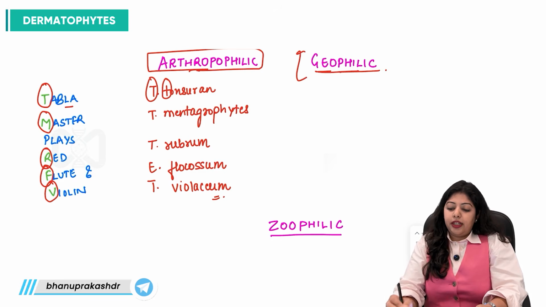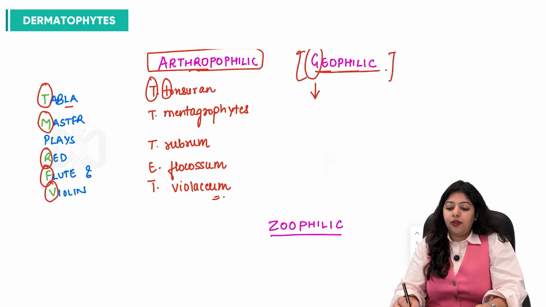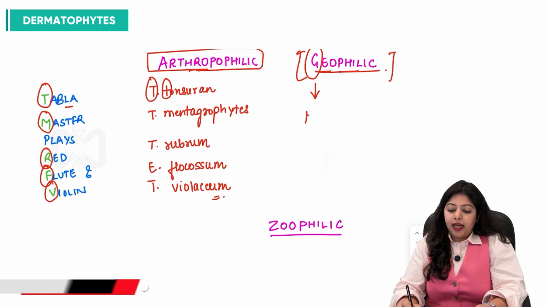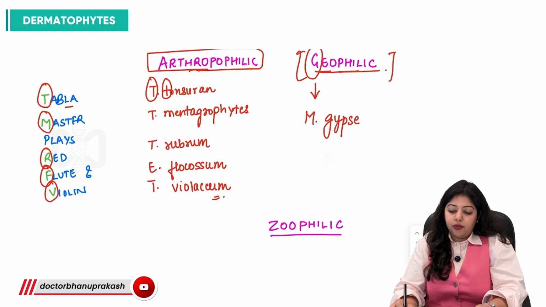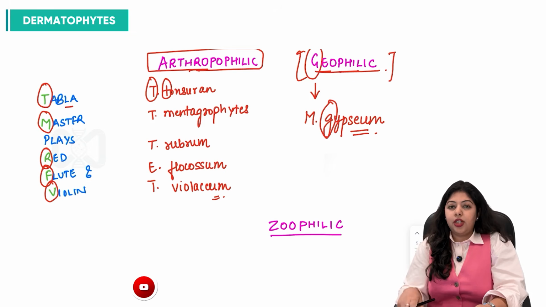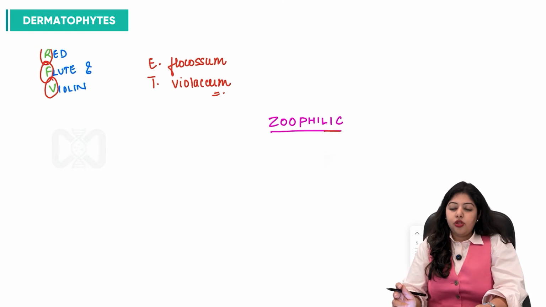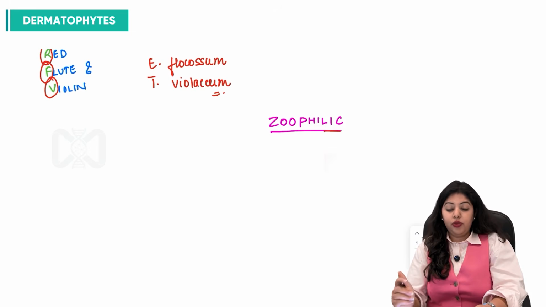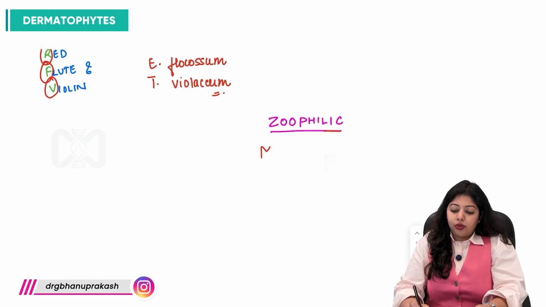Then for geophilic, geo stands for Zameen. So we can take G as the letter, right? From G, geophilic only will derive the species. It is Microsporum gypseum. This is a geophilic species, right? So we have taken G for G. And zoo, so we have two animals and two species which are most common.